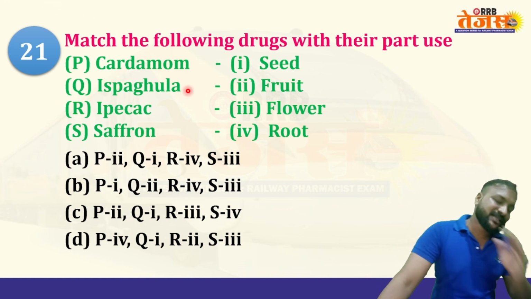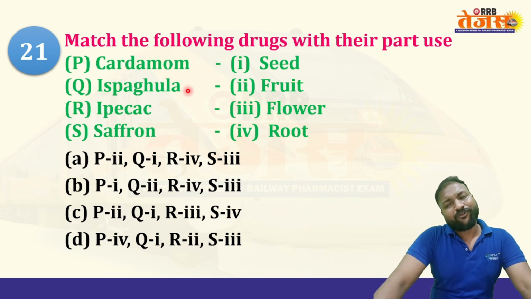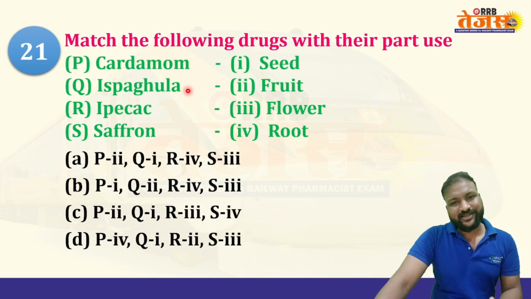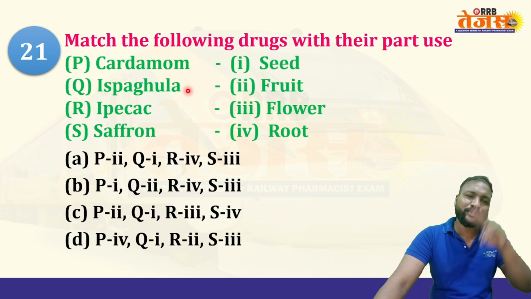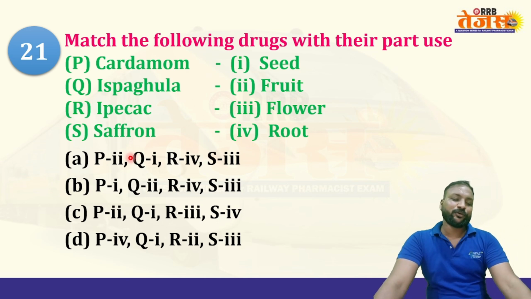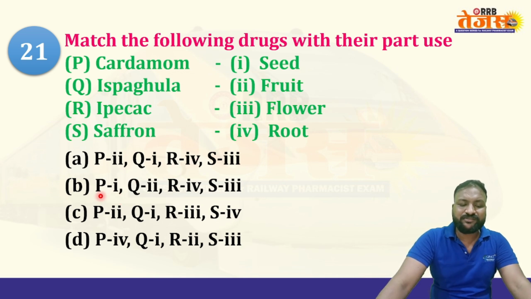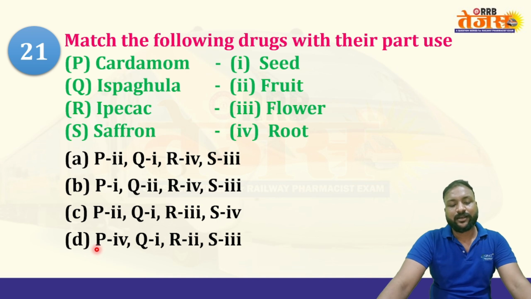In this type of question, you need to look for the options that you know exactly. If you know any two answers here, the game is over. P refers to cardamom. Cardamom is a fruit. So options B and D are eliminated.